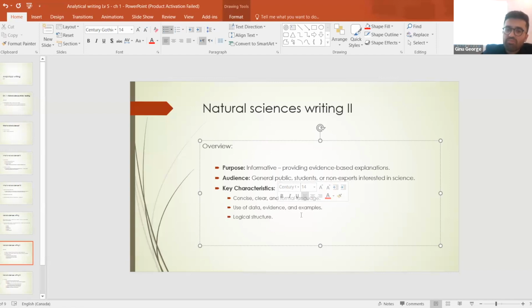And then examples. Examples are always good. One of the reasons why they're good is because they go back to this clarity point. If you have to write such an article, or any sort of article where you're arguing something, trying to inform or persuade your audience of something, it's always good to give examples, right?